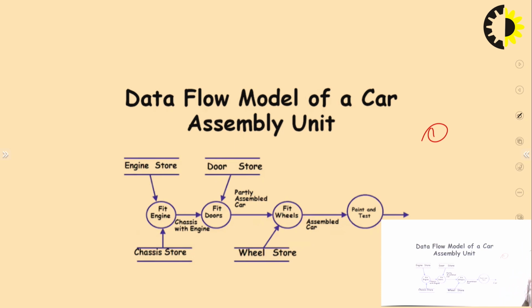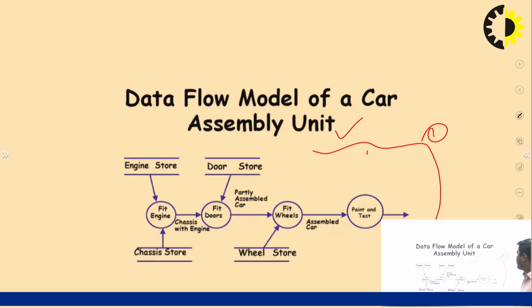This is one example of the data flow model of a car assembly unit. We can understand how the DFD is working.